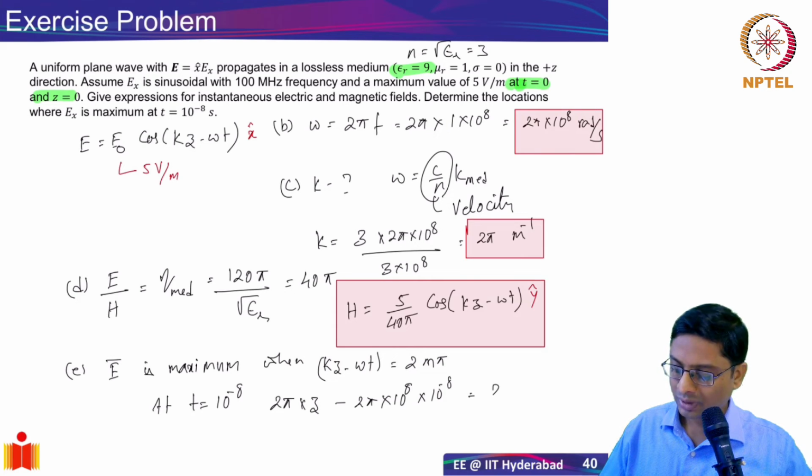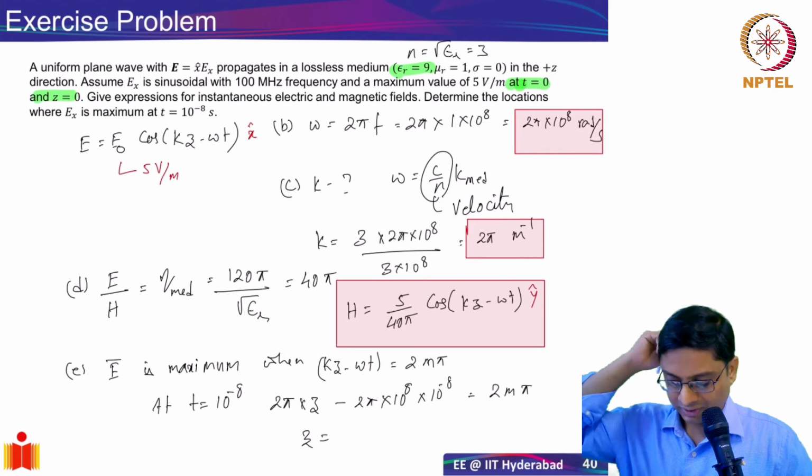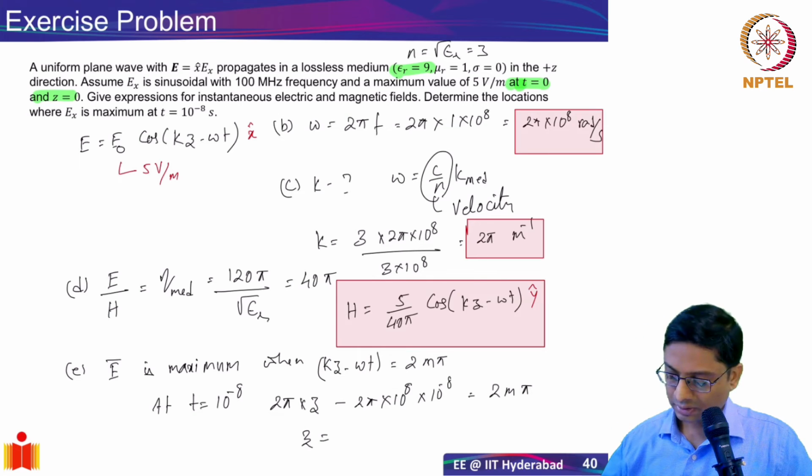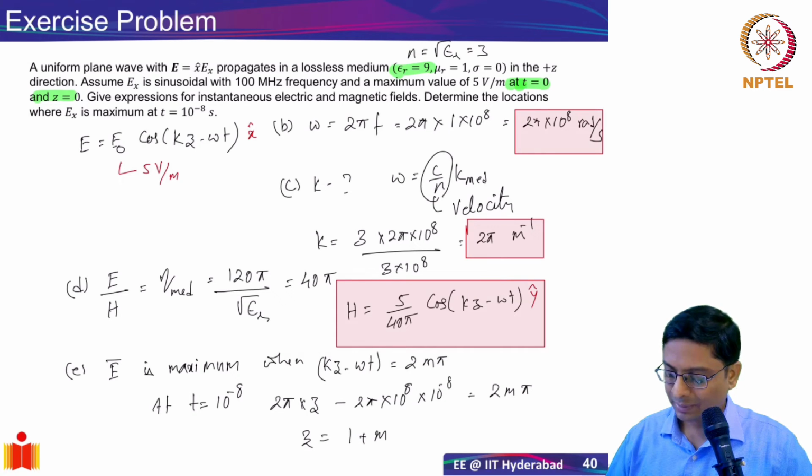That should equal 2 m pi. The 2 pi's will go. So what you will end up seeing is z is going to be equal to, you can take it to the other side, 3 times 1 plus m. By the way, m is an integer, so it can be plus or minus. So z equals 3(1 + m), where m is an integer.